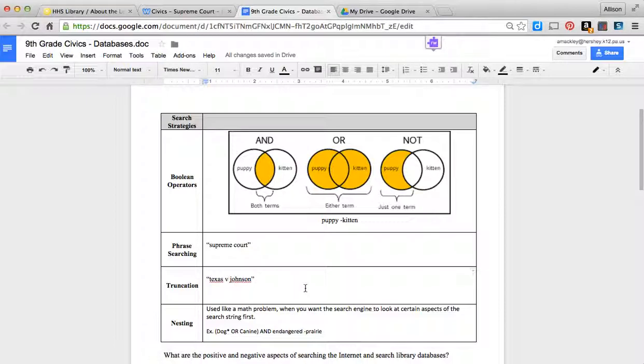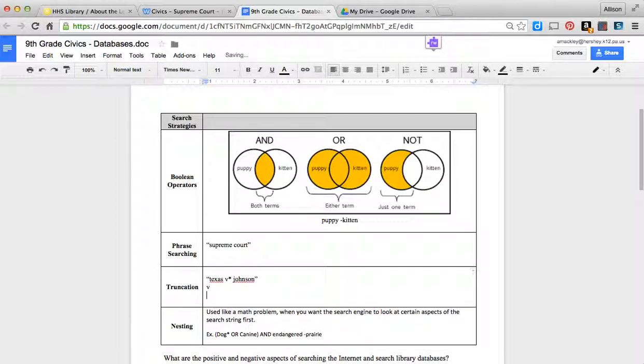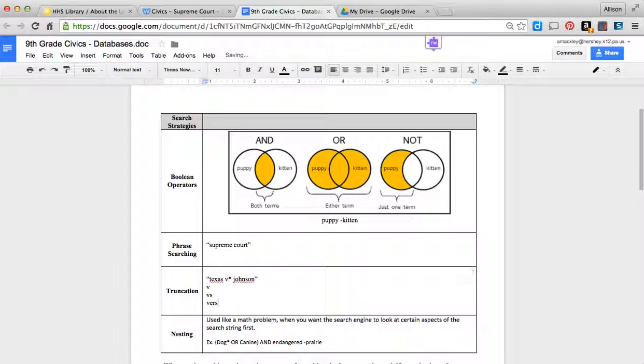It might be VS, it might be versus. So you can actually use truncation. It's shift 8, and it's a little asterisk. Now that will bring back results that have Texas v. Johnson, Texas vs. Johnson, and Texas versus Johnson spelled out.